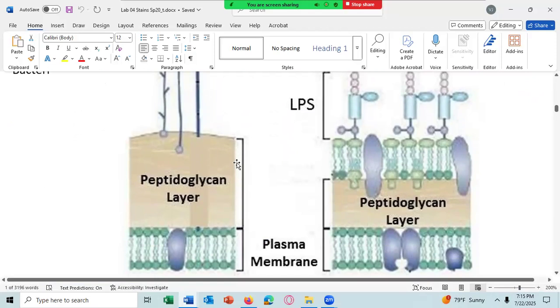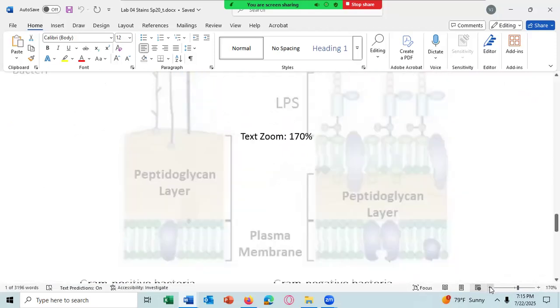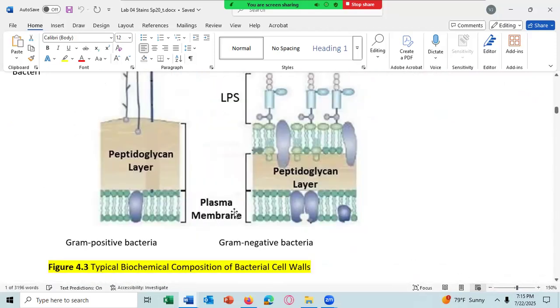Can't see them there, but there's a couple in there, and then a couple here. And now this is too blurry. Let me shrink it down, and then maybe I can see. There's a layer there, several layers in here. The point is, it's a very thick layer upon layer of peptidoglycan, and that's the main molecule in the cell wall of the gram-positive bacteria.